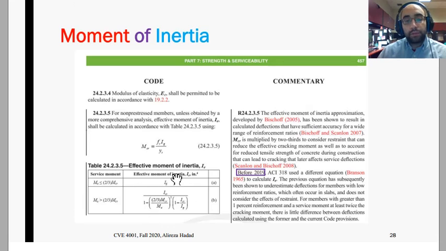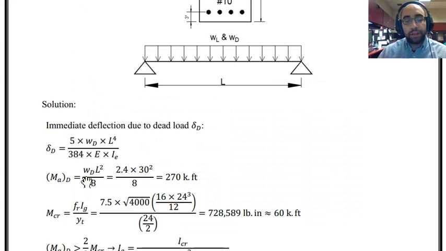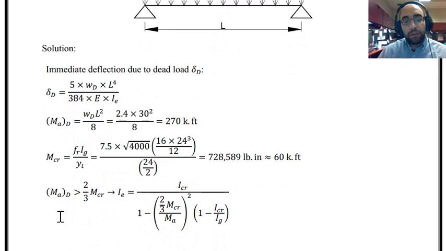So considering this table and this equation, I have to calculate the cracking moment and compare the moment because of dead load versus 2/3 of cracking moment and see what the situation is. The cracking moment is the same thing that we calculated in chapter 2.